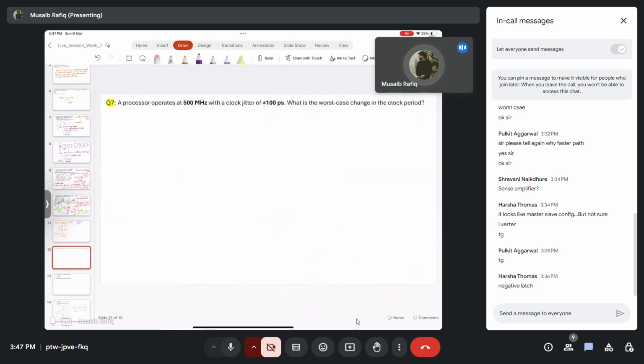Now I have question number 7 for you. The question states that a processor operates at 500 megahertz with a clock jitter of plus minus 100 picoseconds. What is the worst case change in the clock period? Can you solve it? It should not be that difficult.